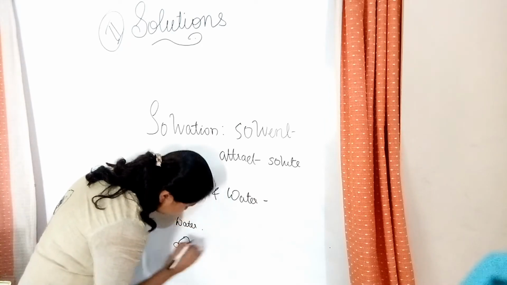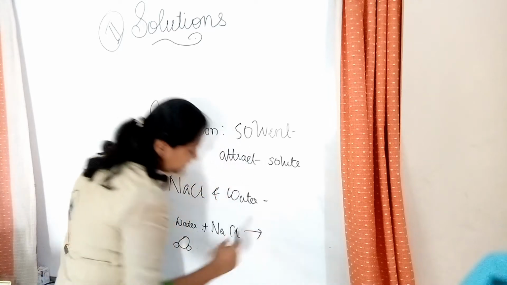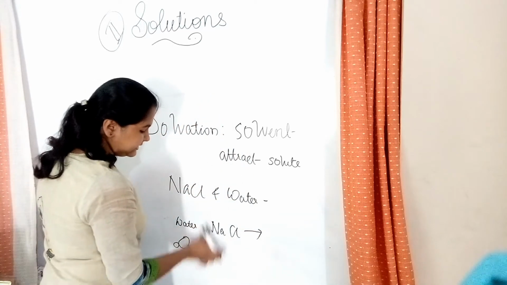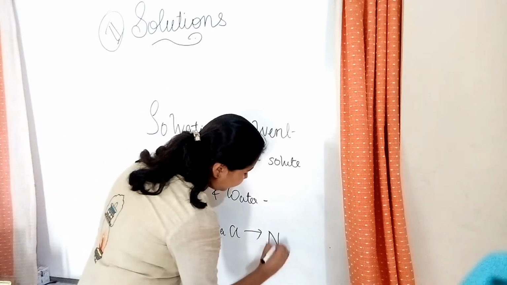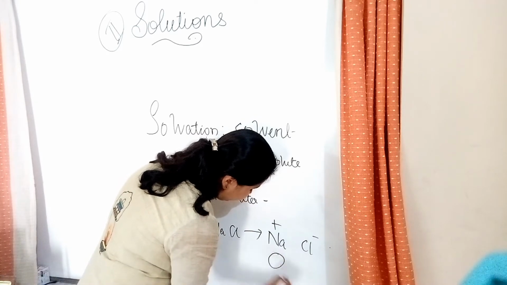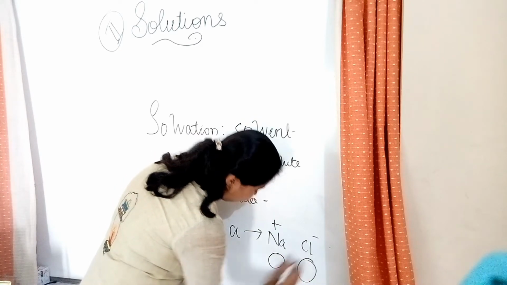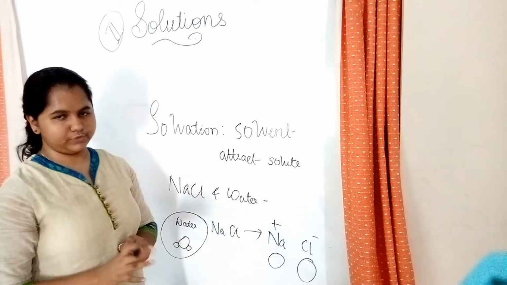Hydrogen, oxygen, hydrogen, plus NaCl. NaCl will split into Na plus and Cl minus. I just drew 2 atoms and this is the structure of water.